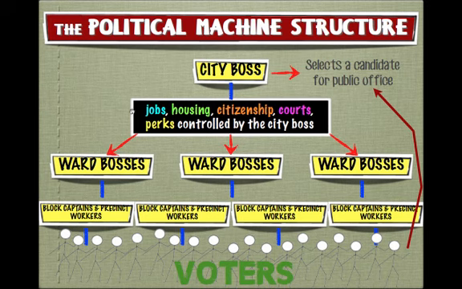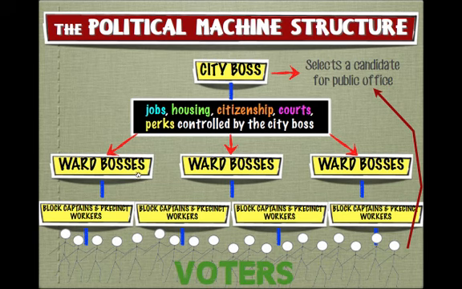The city boss will oversee jobs, housing, citizenship, courts, and perks. When new immigrants come into the city, they can say, we can help you by fast-tracking your citizenship, because we know people at City Hall, because they fund campaigns and those candidates essentially work for the city boss.